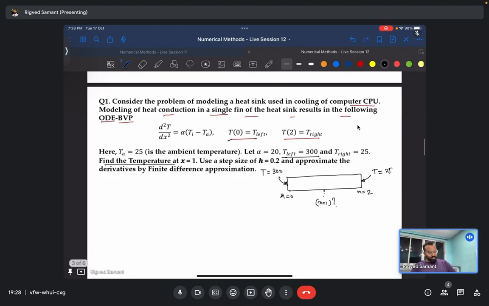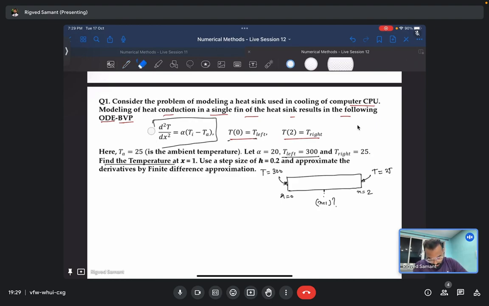You have been given two conditions and this ordinary differential equation. Now, if you see what we were solving in the last class, can you see any dissimilarity with this one in the last two sessions?